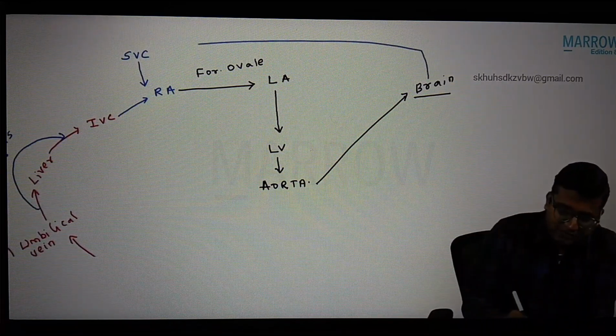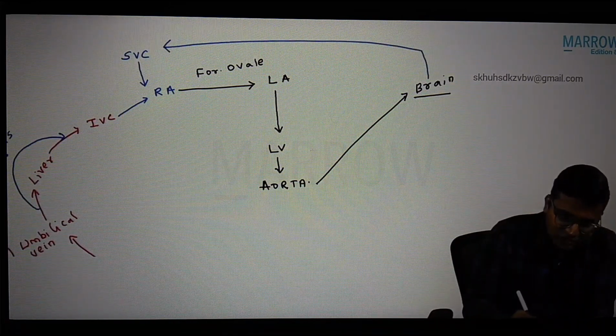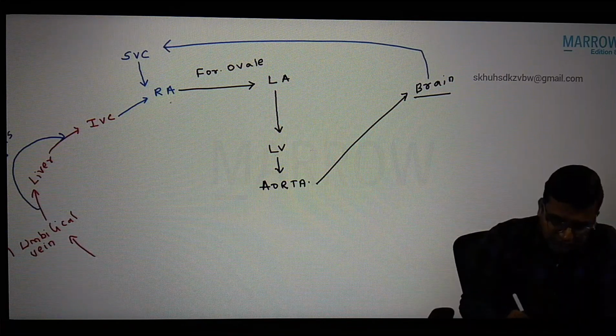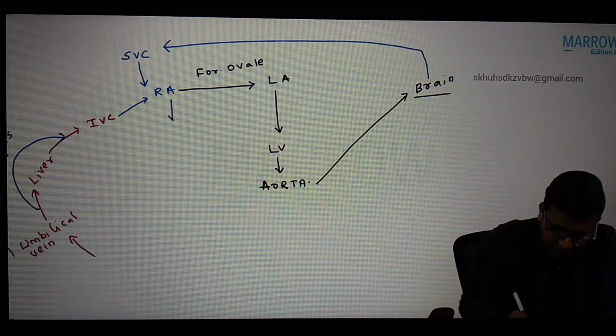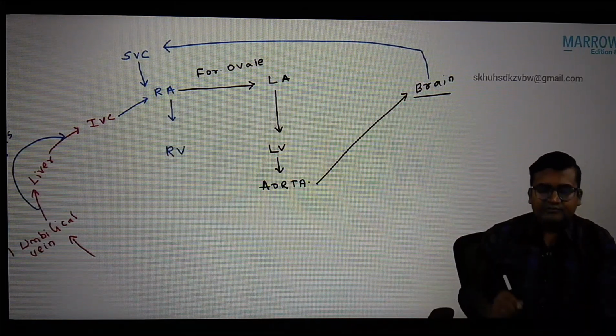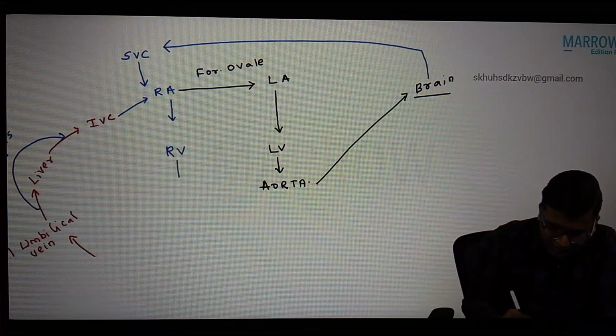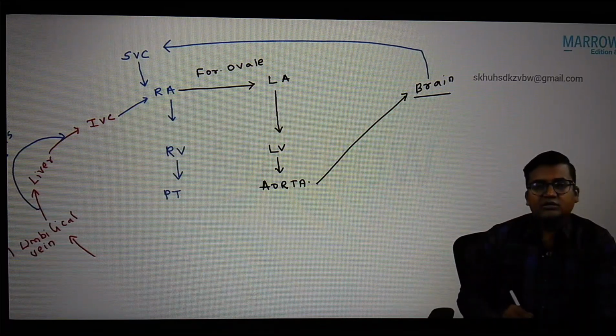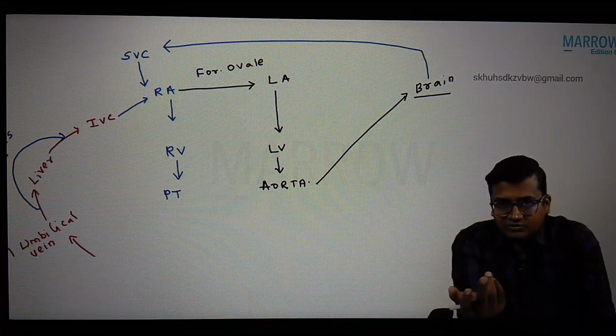Now the venous blood from the brain is carried by the superior vena cava, which in turn comes to the right atrium. Now a small part of the blood from the right atrium will come to the right ventricle. From the right ventricle, the pulmonary trunk. Now the lungs are not functional, no?